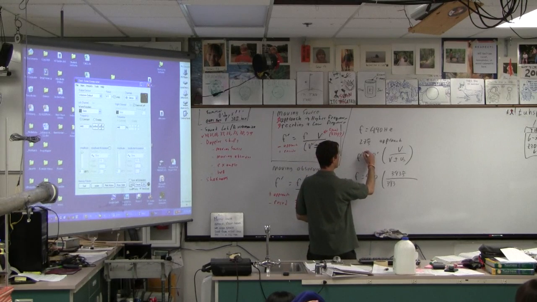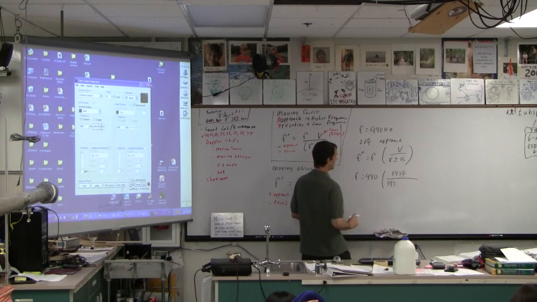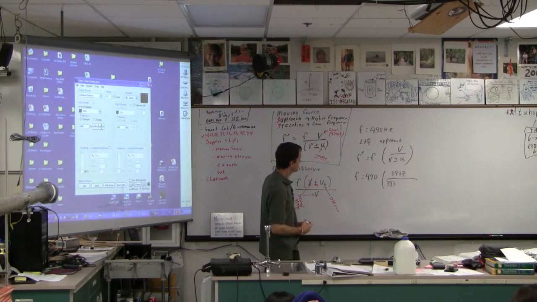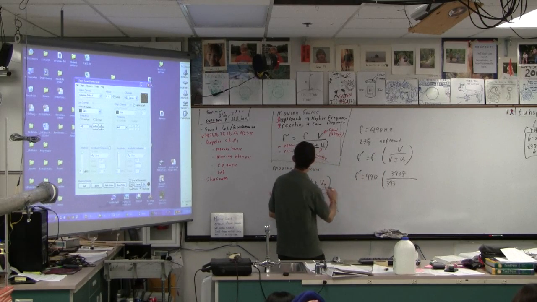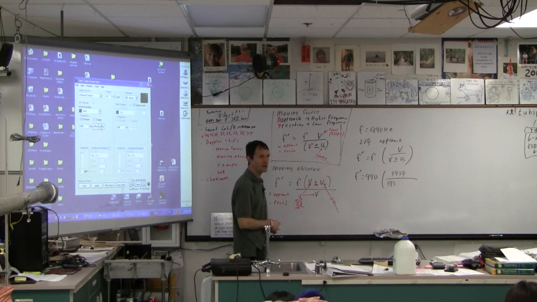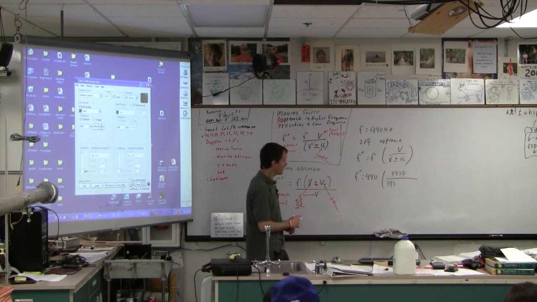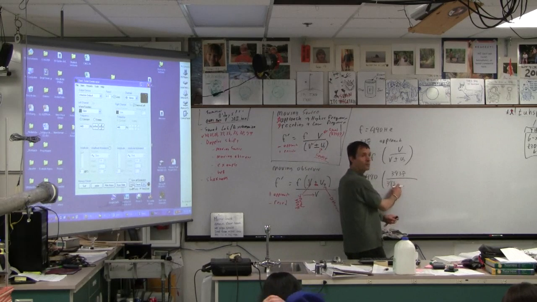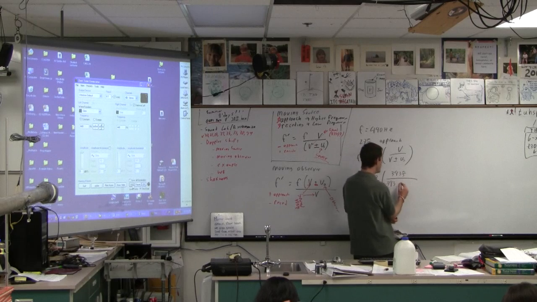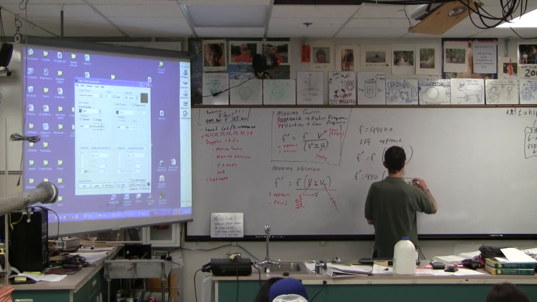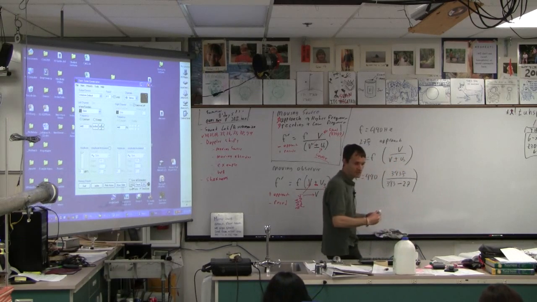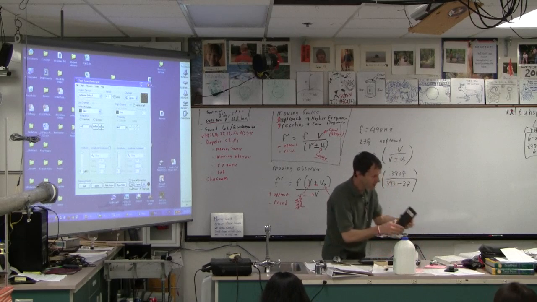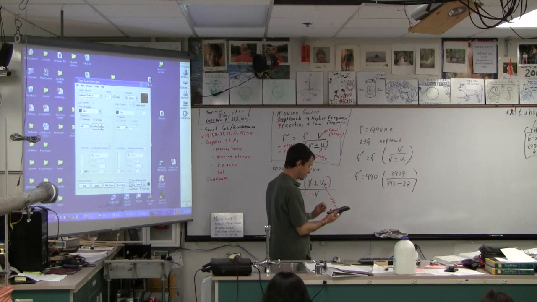Only I drew the formula wrong, so this guy's the prime. Sorry. Are we good now? Confused, but better, right? Okay, and then we are approaching, so don't we want a higher frequency? So we do the minus 27, right? And then this, of course, has to be in parentheses.